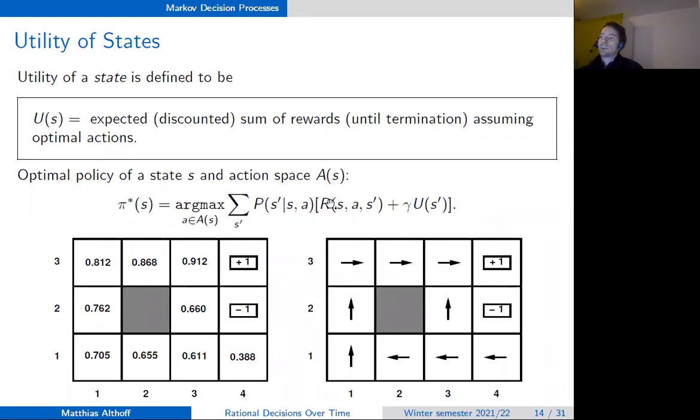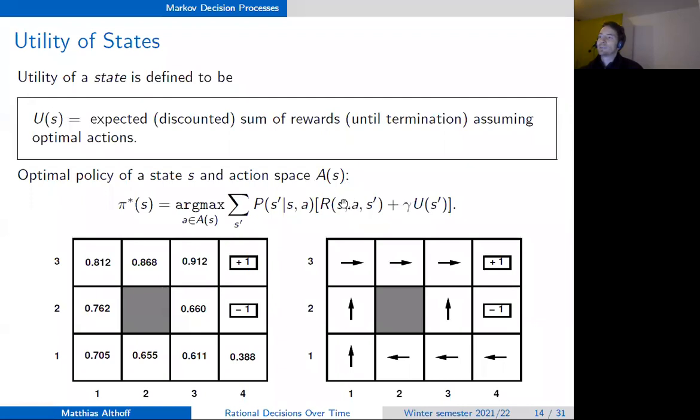It is the current reward that we get plus gamma times the reward that we expect for the remaining time. Because we already defined the utility of a state as the expected sum of rewards following a certain policy, that's the reward of the first step plus the reward of all remaining steps.